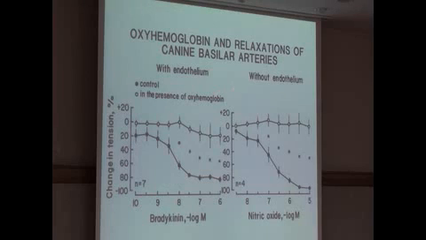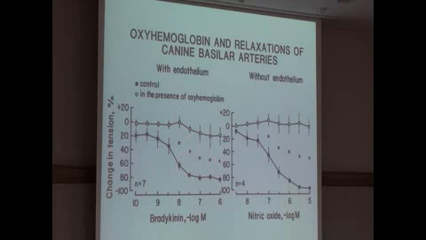And in certain arteries, like the one that we were looking at, if we give an inhibitor of nitric oxide, oxyhemoglobin is something that scavenges nitric oxide. It picks it up, so the nitric oxide cannot get to the smooth muscle. This would be arteries with endothelium exposed to bradykinin under controlled conditions and in the presence of the blocker of nitric oxide.